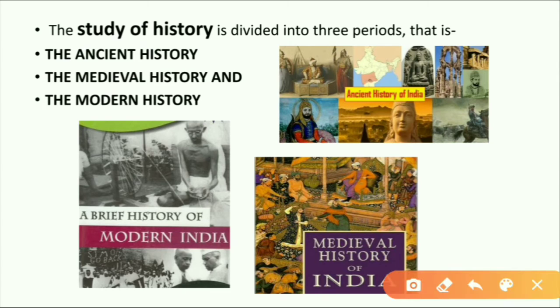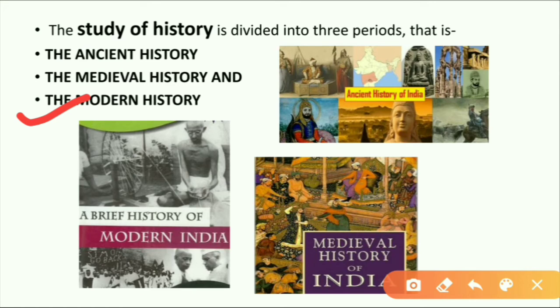Now, the second phase of history is medieval history. Medieval history means the age of discovery. This was the middle age of discovery, where the people of the past started evolving and started discovering and finding new things. Now, coming to the third, modern history. This was the time period where many developments were made: technological development, many innovations, urbanization, and scientific developments.